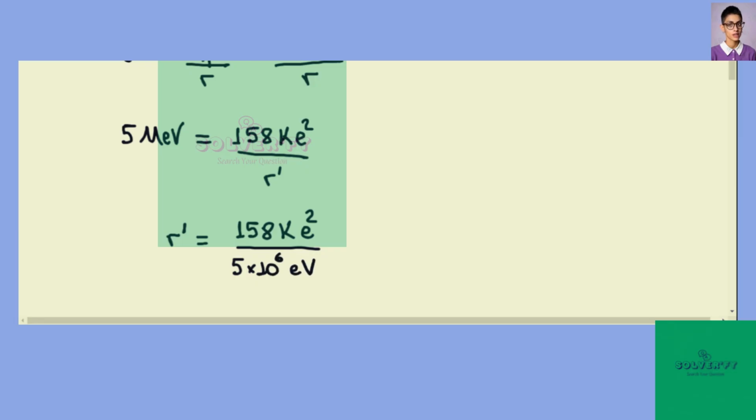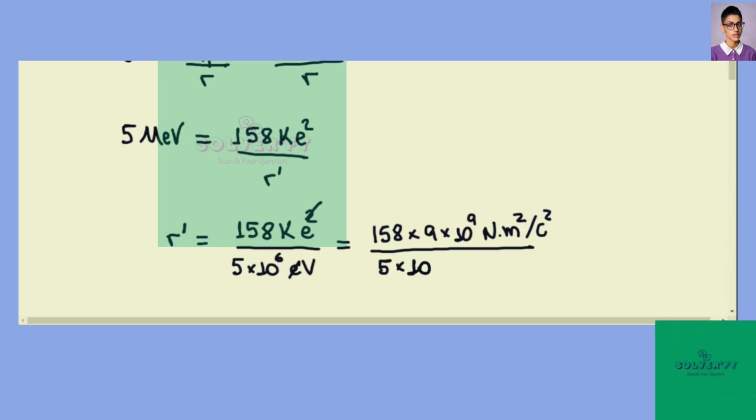Okay, one of the electron charges cancels out, so we have 158 times K, which is 9 times 10 to the 9th newtons meters squared per coulomb squared, divided by 5 times 10 to the 6th volts.